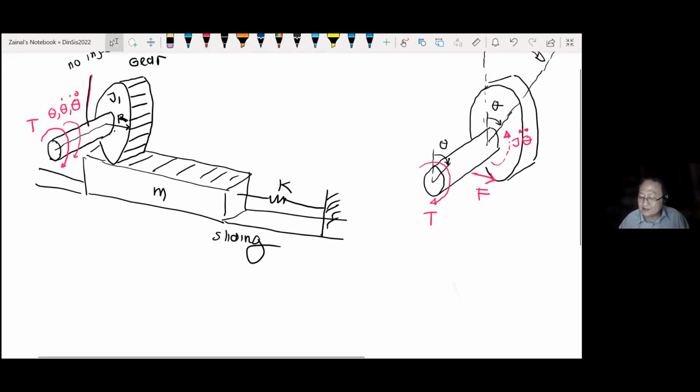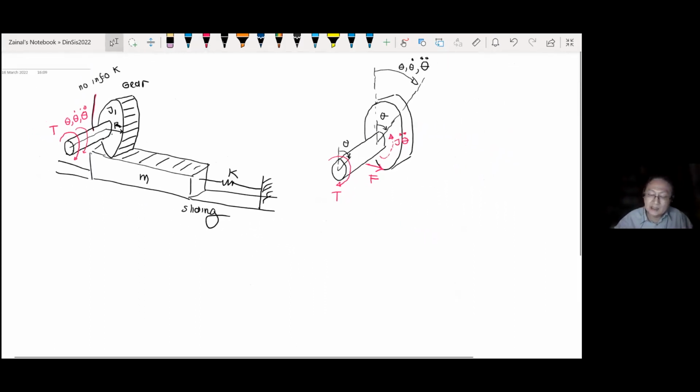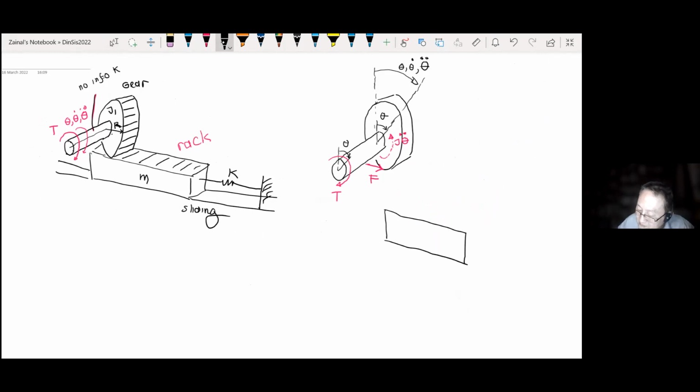That one is F, and then look at the rack. If this one rotates theta, then this one moves there with x, x dot and x double dot.